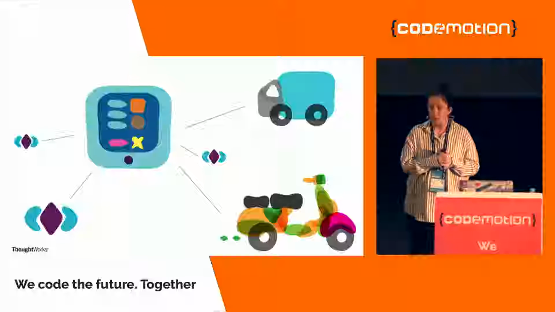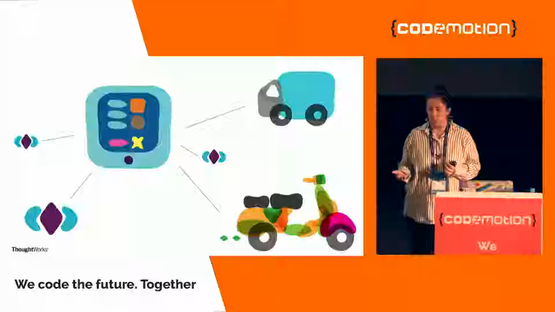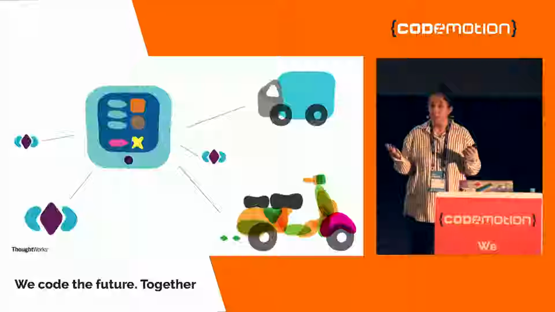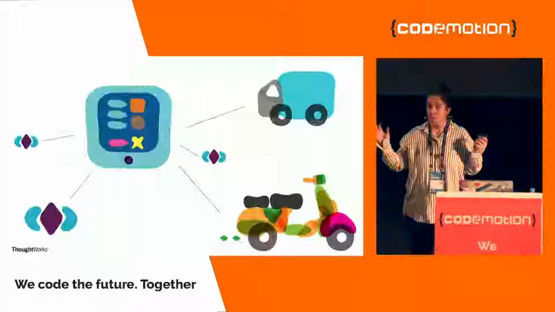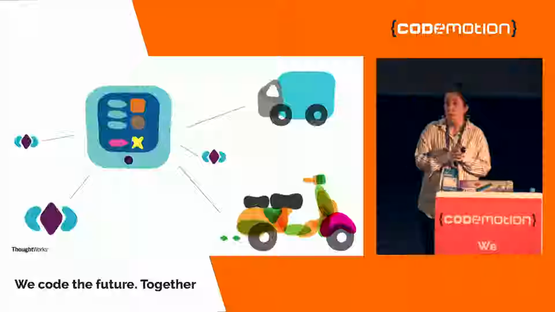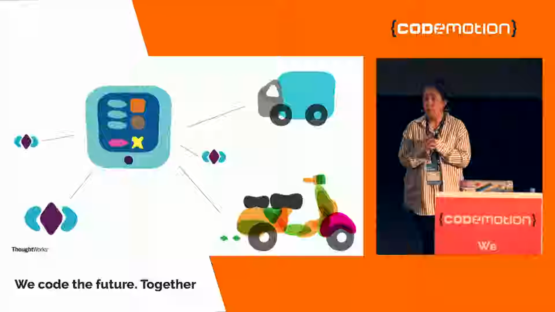Last year, we had an organization come to us. That organization creates all of these connected devices and all of these interactive experiences. And they asked us to help them to improve their processes and to reduce their time to market.